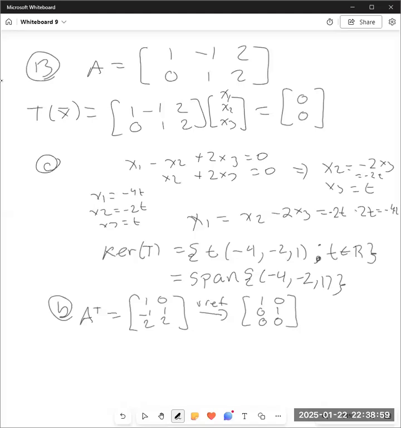Again, I'm reading the row vectors here, not taking anything that's 0, 0. The range of T is equal to the set of (1, 0), (0, 1), which again is the same thing as R2.